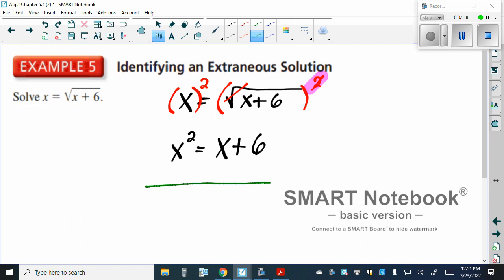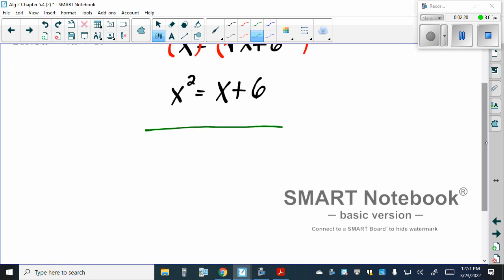At this point here, we can subtract x from both sides. And if we subtract x from both sides, we're going to get x squared minus x is equal to 6, because our x minus x would be 0.